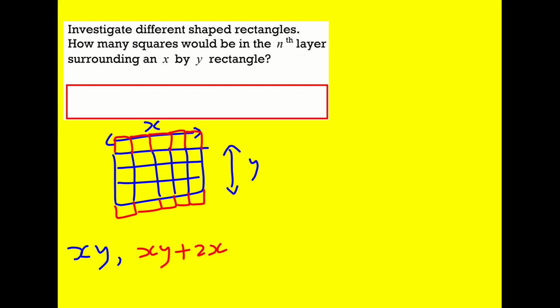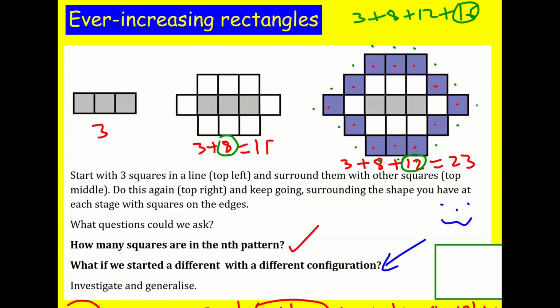But I'm not done, because I can do exactly the same for y. I'm going to add on y lots here and y lots here. So that is going to be my general second term. You can see it happening here. So I started with 3 by 1, I added 3, I added another 3, I added 1, and I added another 1. That's me adding 2x plus 2y.